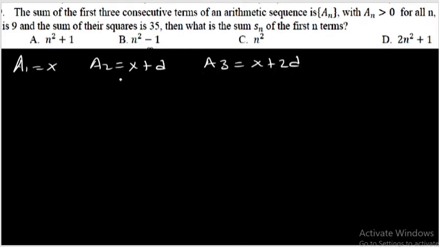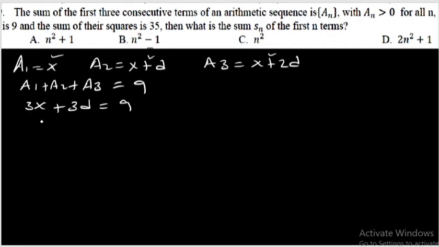But the sum of the 3, a1 plus a2 plus a3, is equal to 9, given. What's a1? x, and x plus d plus x plus 2d. When you add it, x plus x plus x will be 3x plus d plus 2d will be 3d, which is equal to 9. So if you divide by 3 both sides, x plus d is equal to 3.